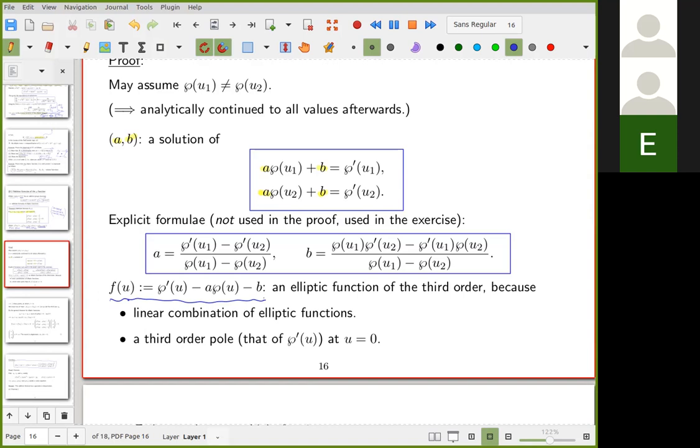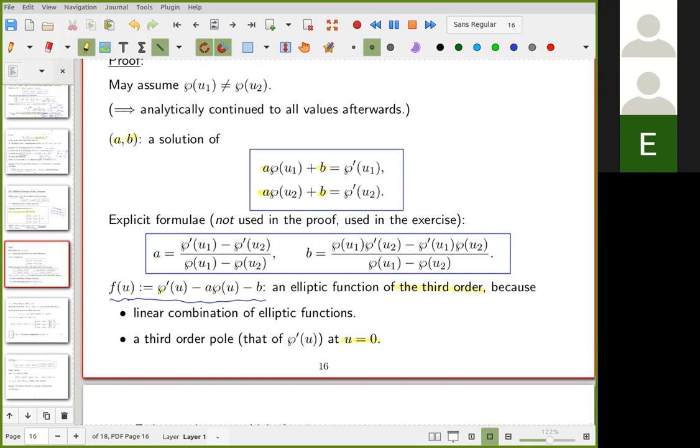Well, this is of order 3 because p constant is just a constant. P has a pole at the origin or at lattice points.